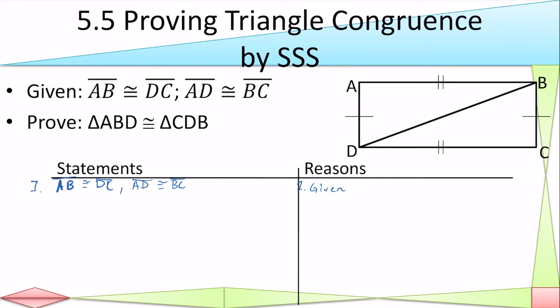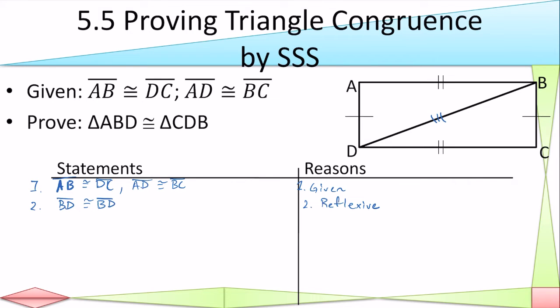If I want to prove these triangles congruent, I need to have something else, and looking at them I see that they share DB. So I could say BD is congruent to BD by, what is it? If it's the same thing, that's right, it is reflexive.